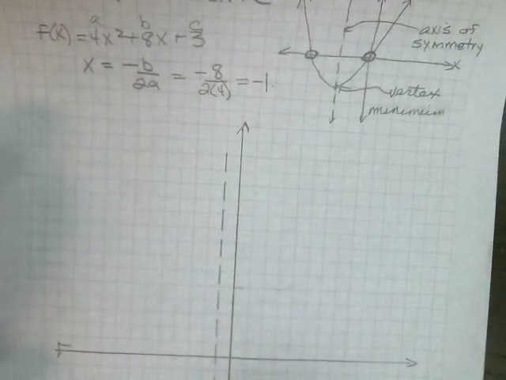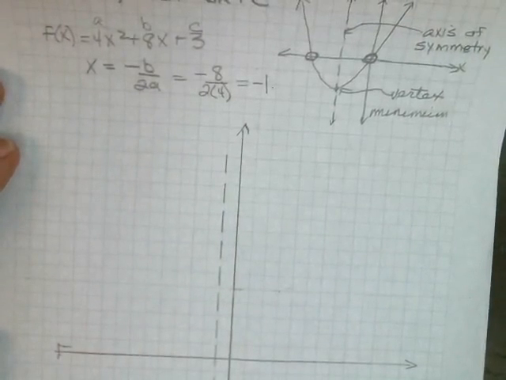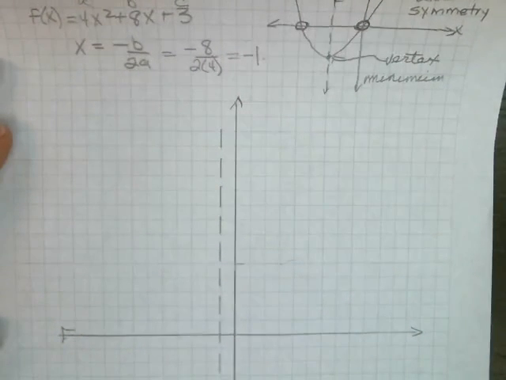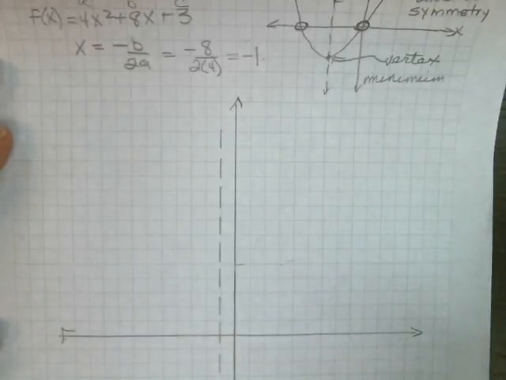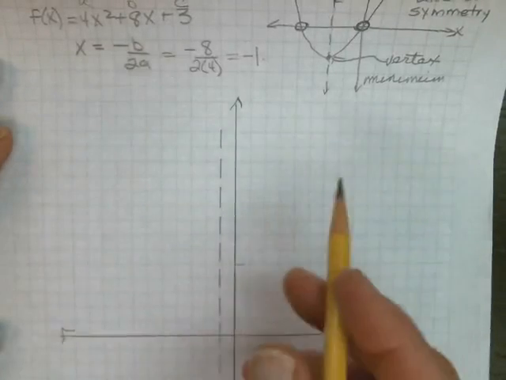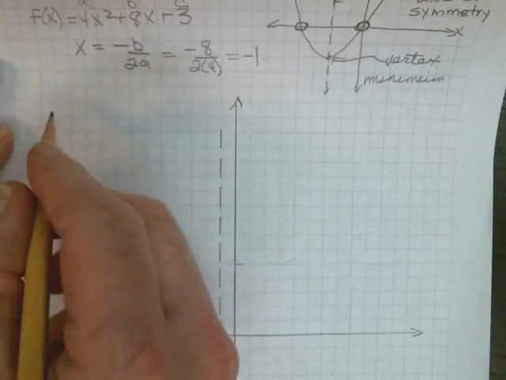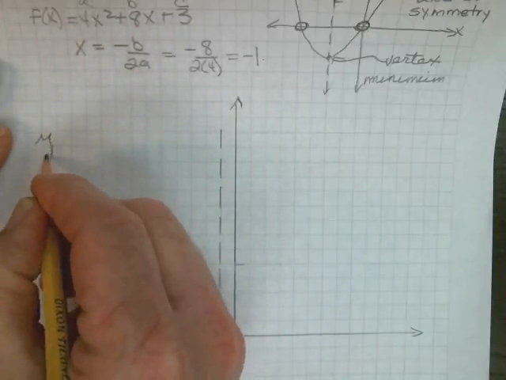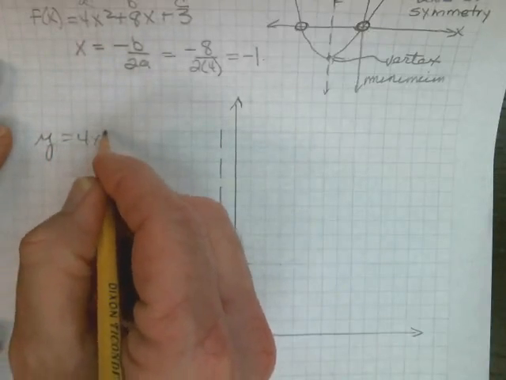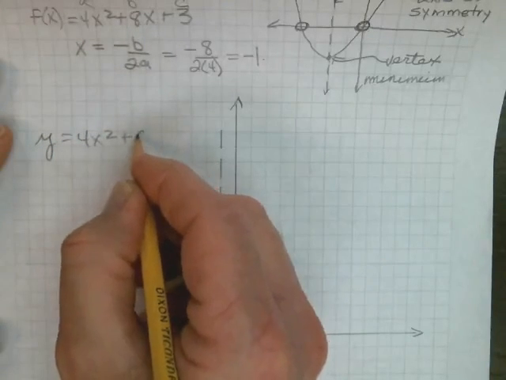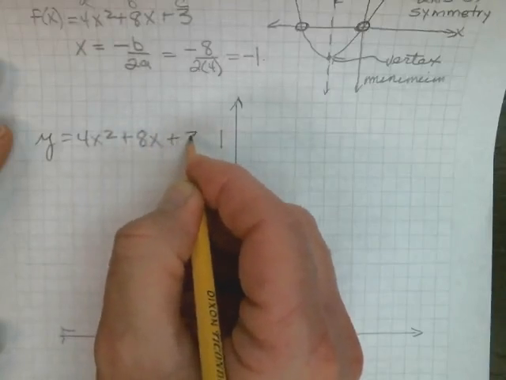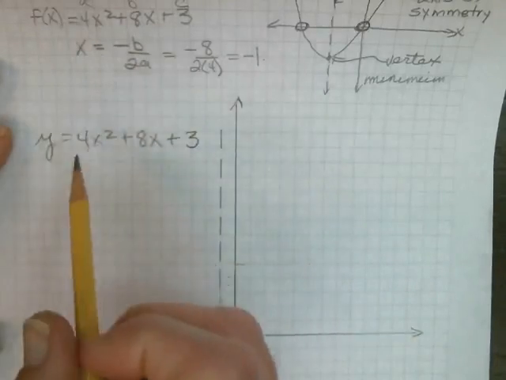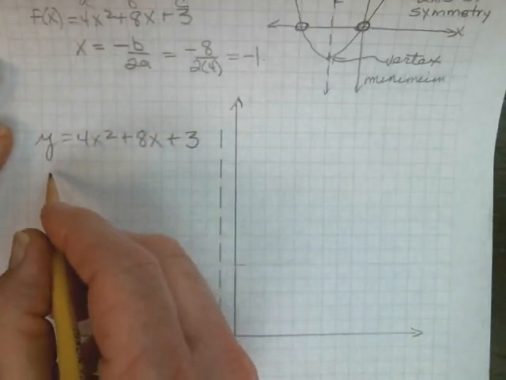Now, once I get the axis of symmetry, I'm going to find the minimum or the maximum here. Again, here it's a minimum. So what I'm going to do, I know that I'm going to say y is equal to 4x squared plus 8x plus 3. So that's the function we have. But here I'm going to find actually what y is.